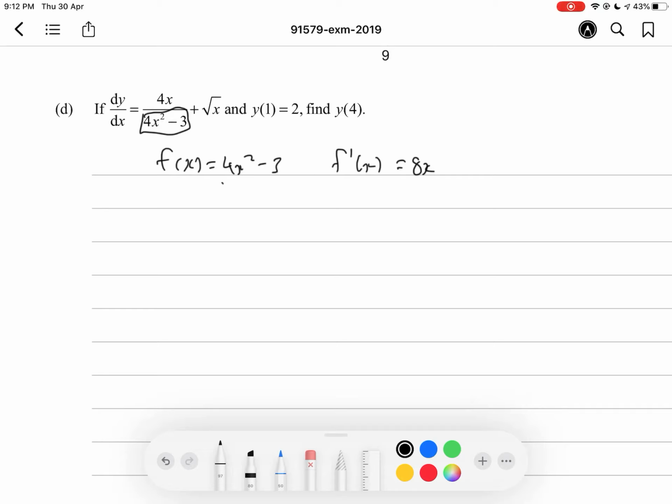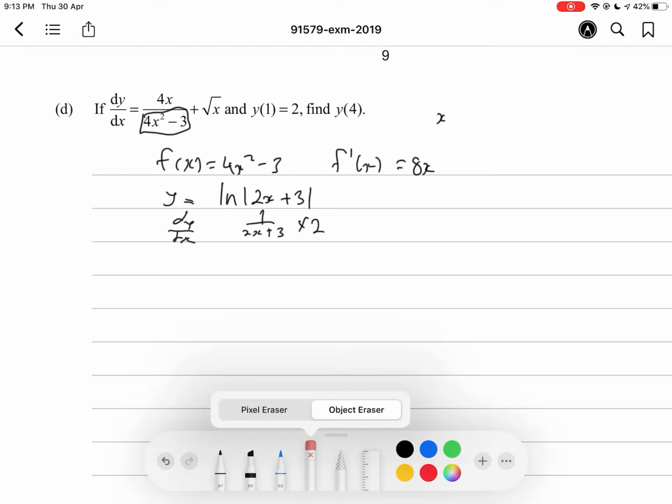So you know when we have an ln function, let's say we have ln of 2x plus 3. When you differentiate it, y equals ln, so dy over dx will be the derivative of ln of 2x plus 3, which is 1 over 2x plus 3, multiplied by the derivative of the inner function, 2x plus 3. The derivative of 2x plus 3 is just 2, so we will multiply it by 2. So in this case, we'll have some unknown, we won't call it x, that makes it confusing.